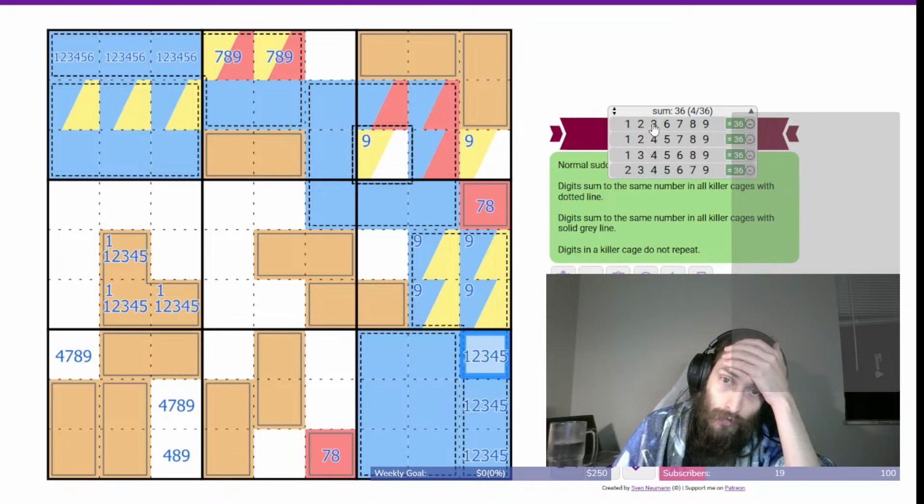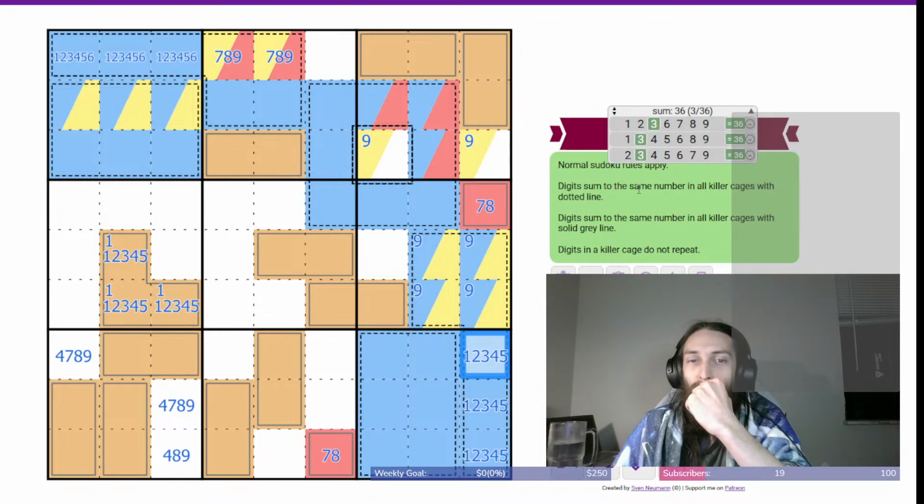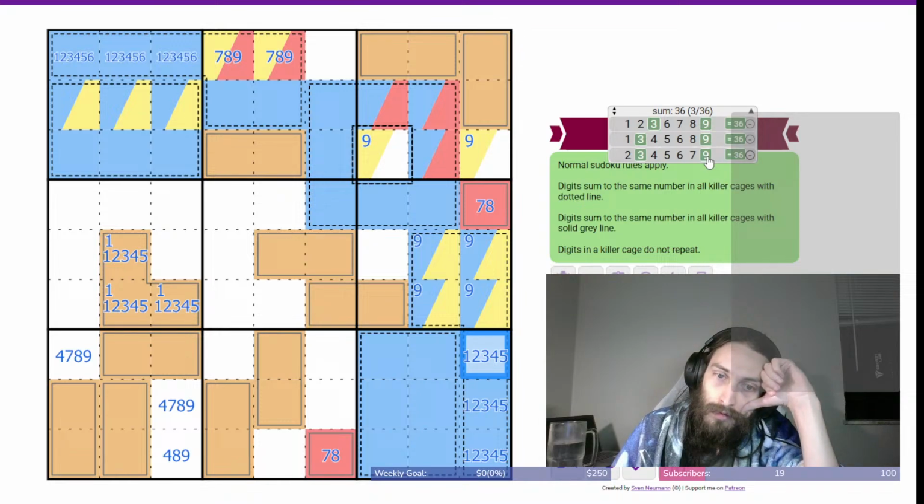But then that means that this has to have a 3. Now, the 6 isn't down here, but it still has to apparently have 6.